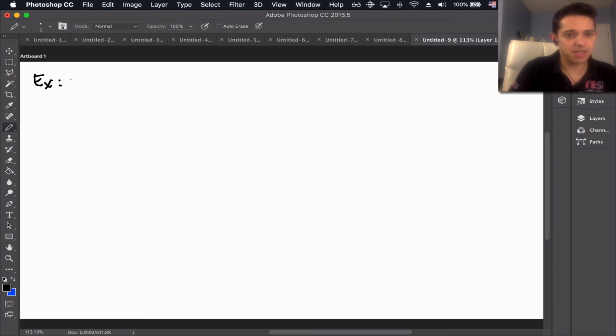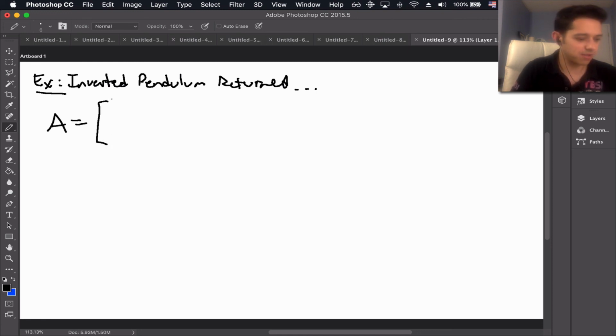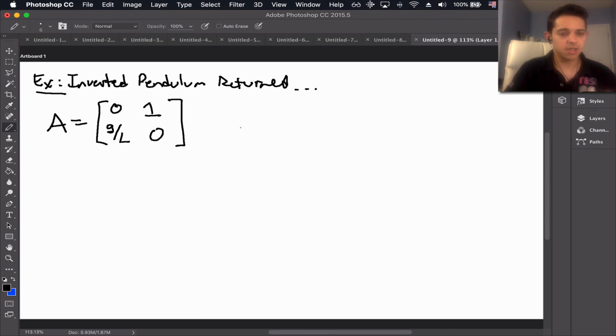So this will be the inverted pendulum return. In our inverted pendulum example, when we linearized it with respect to the vertical position, it turned out that the A matrix was [0, 1; g/L, 0].